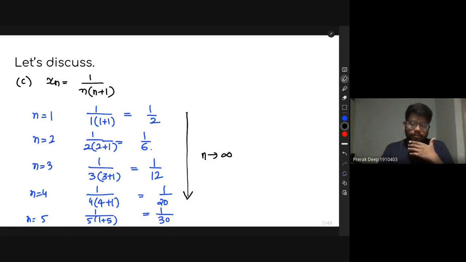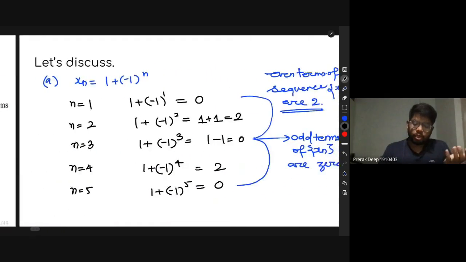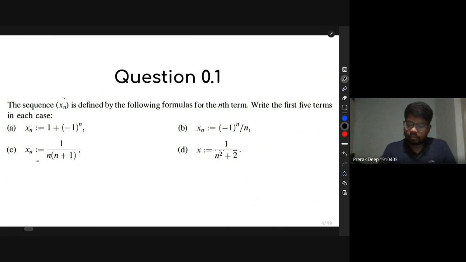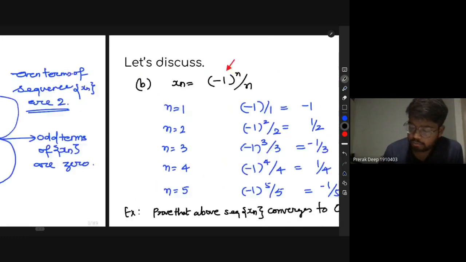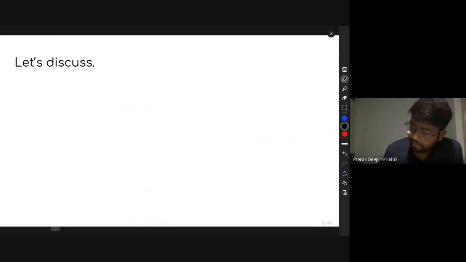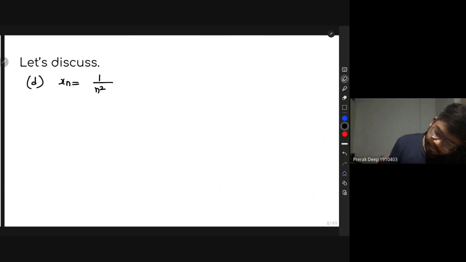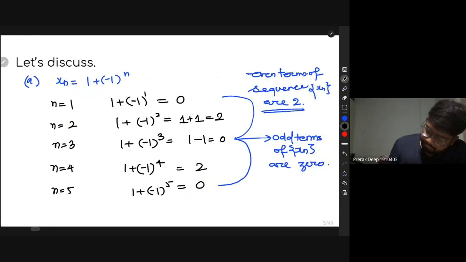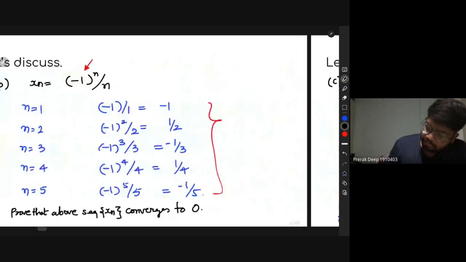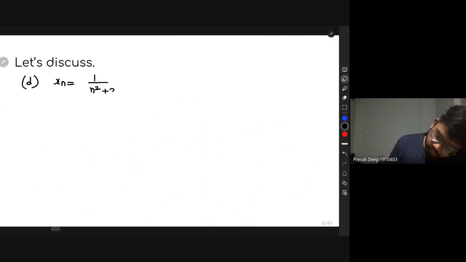Now let's move on to the last sequence, which is 1 over n squared plus 2. For n equal to 1, it is 1 over 1 plus 2, 1 over 3.